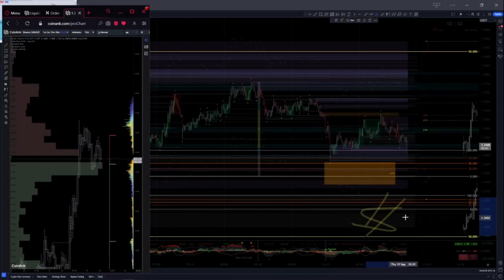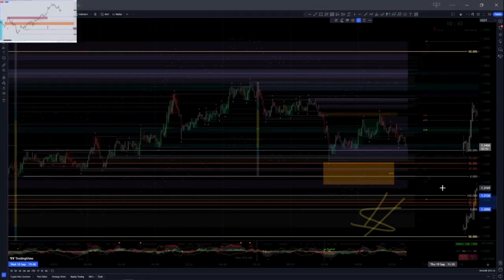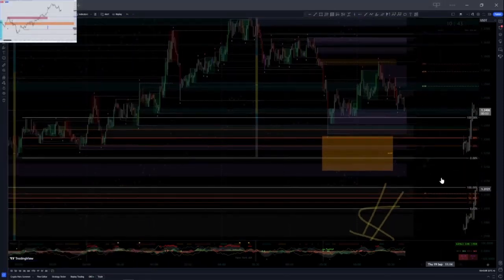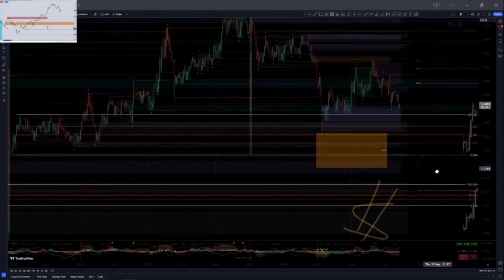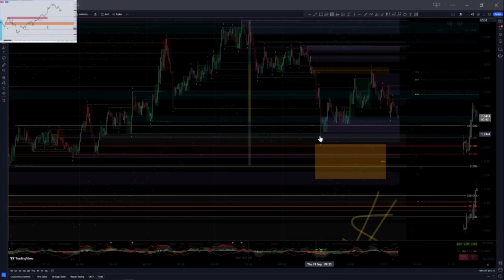Big money. I don't need that, just to confirm. It's possible that we hit this. Well, we just hit the 70, as I said. Didn't touch the 50, didn't go lower.